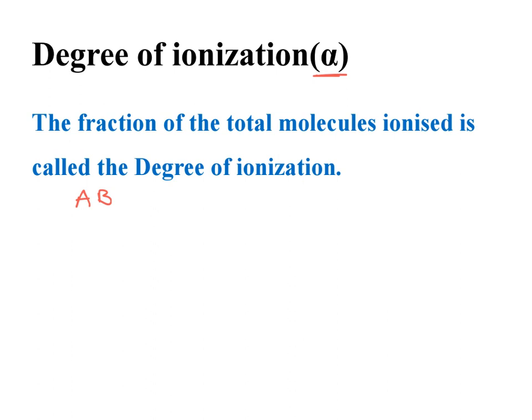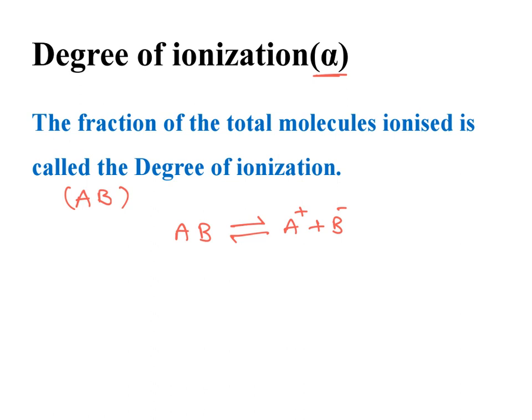Let us assume electrolyte AB dissociates into A plus and B minus, and an equilibrium is established between the undissociated and dissociated forms.